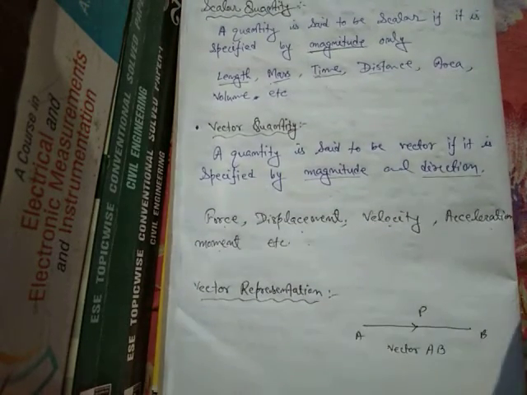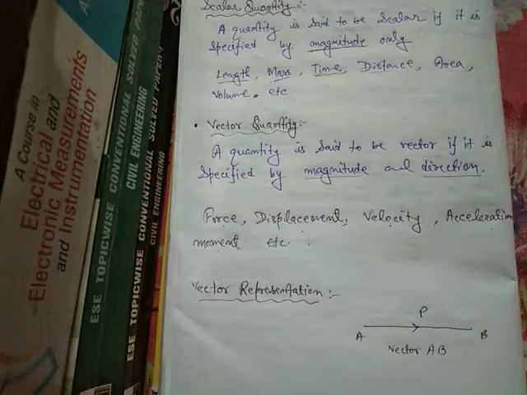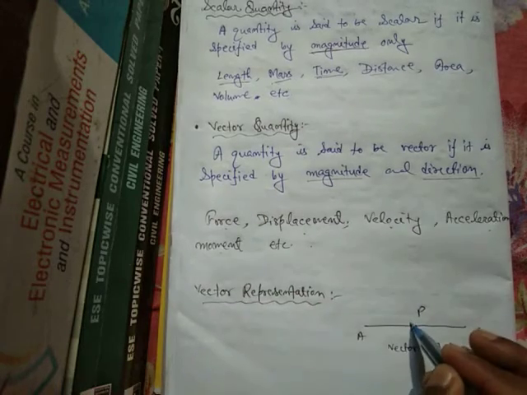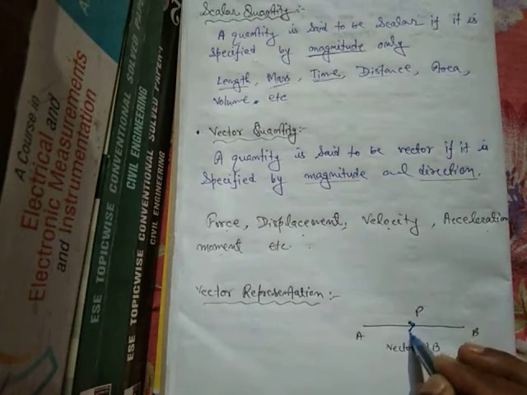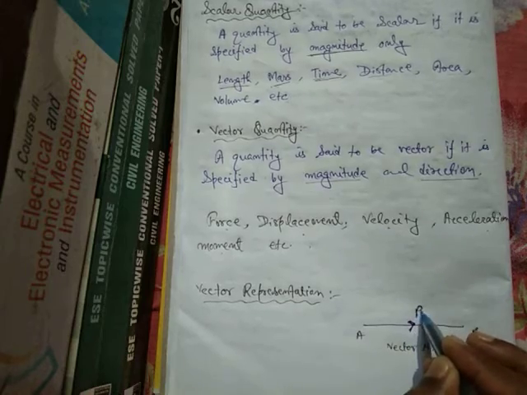Now what is vector representation? Vector representation is by the top line with arrow over the name. This is the vector representation. This arrow is called vector representation. This is the magnitude of the vector.